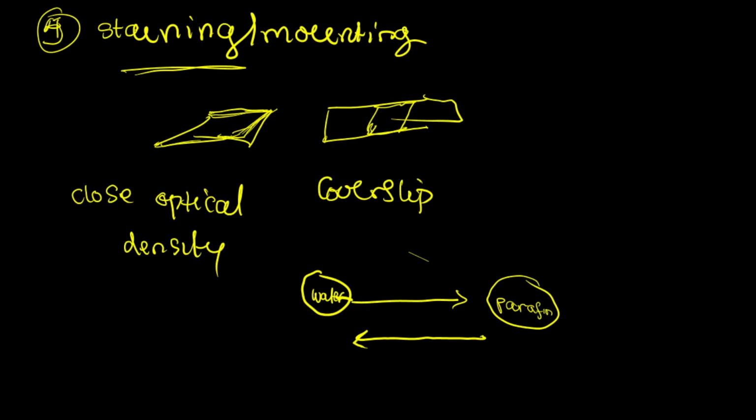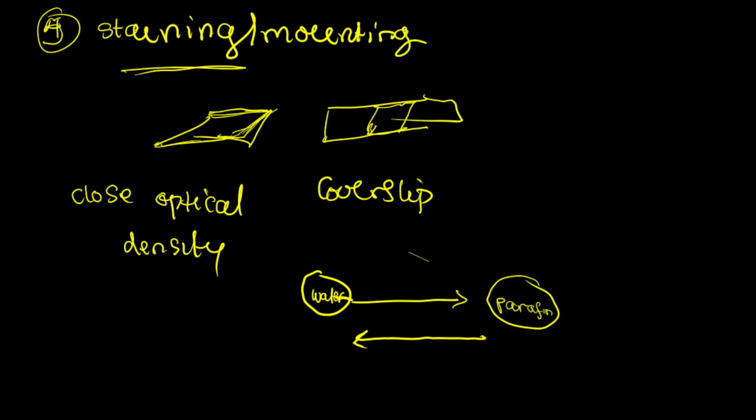Now after it's replaced with water, the tissue is appropriately stained with the right dyes and stains, and then after the staining is done, the tissue slice is placed on the slide and a mounting medium is applied.